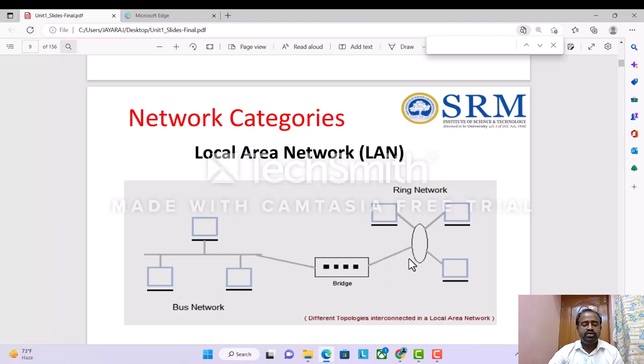In ring topology, we can consider it as a circle, which means each device is connected to two other devices in a unidirectional mode. So whenever information is passed, it will be circulated in the network and then finally to the bridge for communication. This is the basic idea behind the LAN.